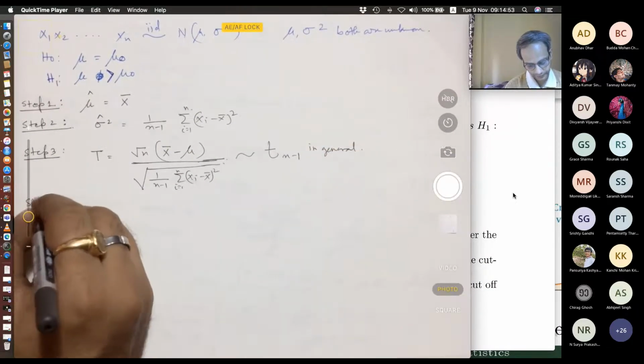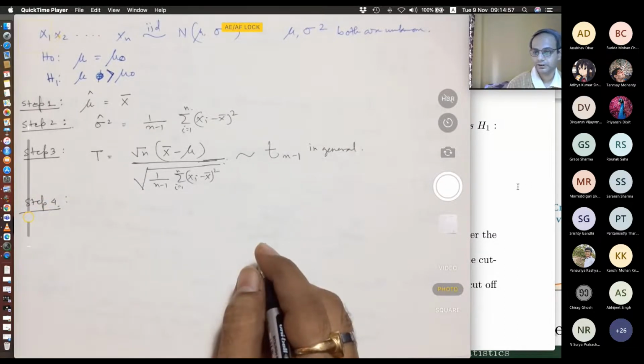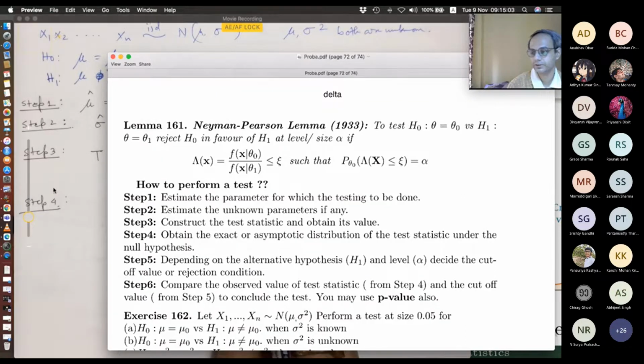Now, step 4. Obtain the exact or asymptotic distribution of the test statistic under the null hypothesis.